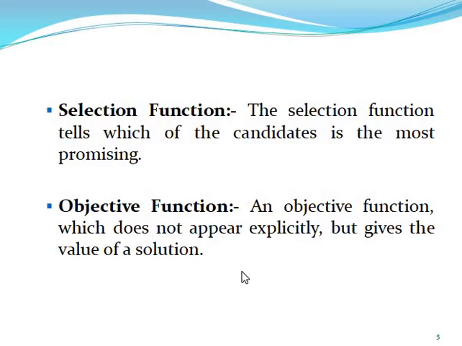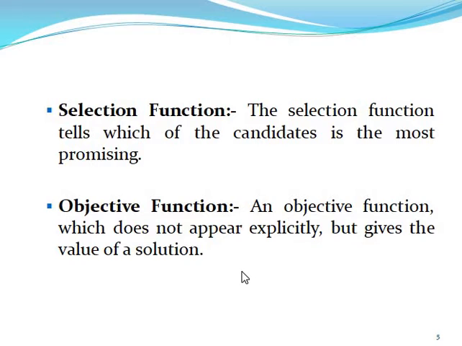So next we check which candidate, item, or set is the most promising in a particular area for the greedy algorithm. And finally, the objective function. The objective function does not appear explicitly but gives the value of the solution.